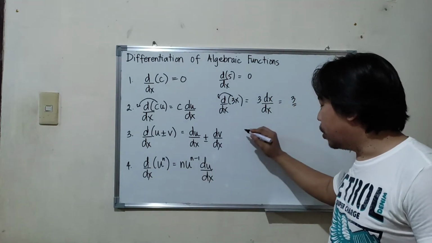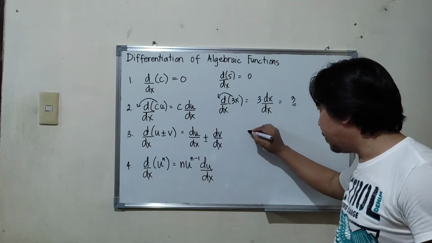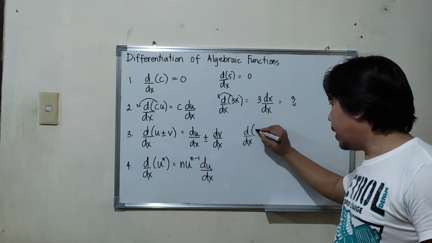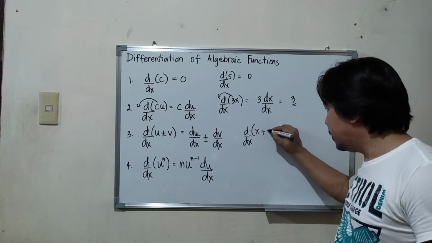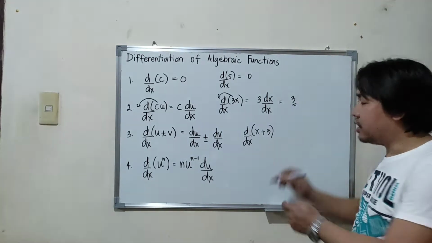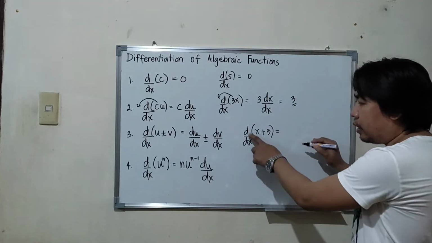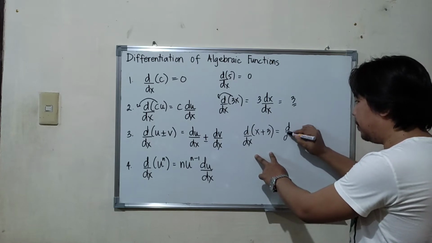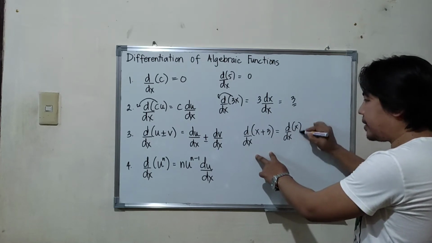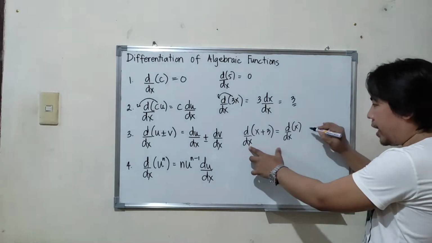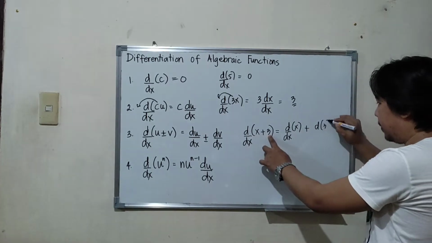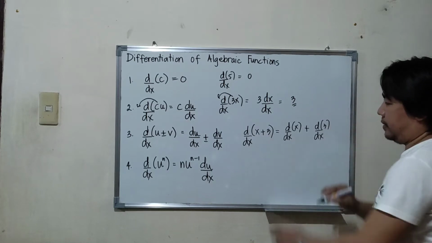Okay, so another example, so if we have derivative of x plus 3, derivative of x plus 3, so that is equal to, distribute lang daw natin itong dalawa. So distribute derivative of x with respect to x plus derivative of 3 with respect to x.